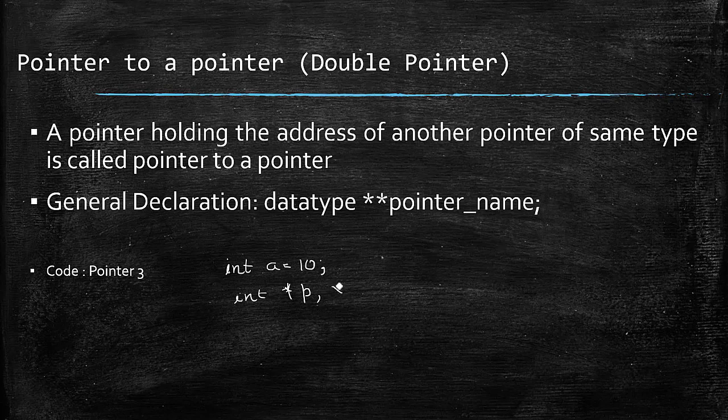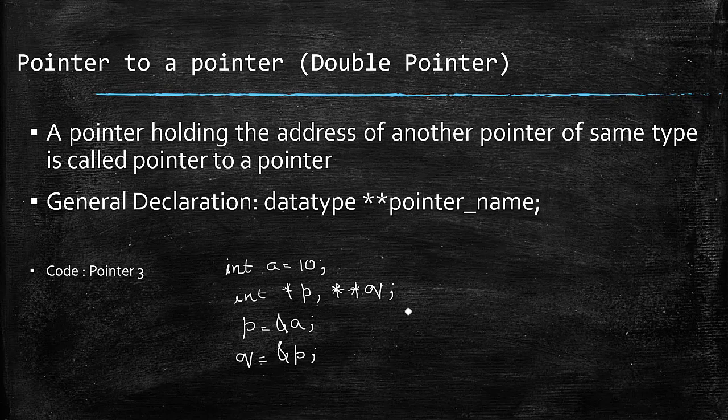So q is a pointer to pointer which is of integer type, and p is a pointer which is of integer type, so it can hold the address of an integer variable. So obviously I can write p equals address of a, and I can write q equals address of p. As q is a double pointer, q can hold the address of another pointer, and their data type is the same, you can see that.